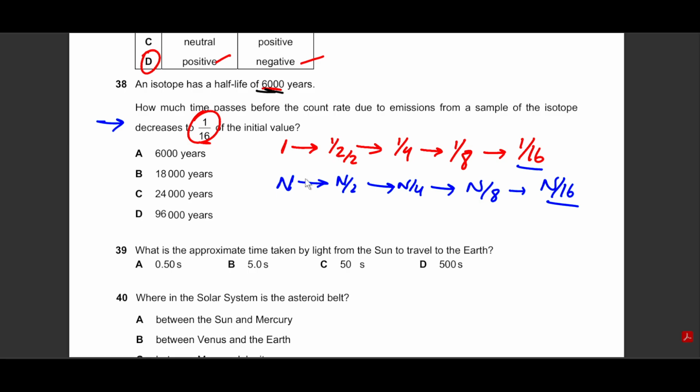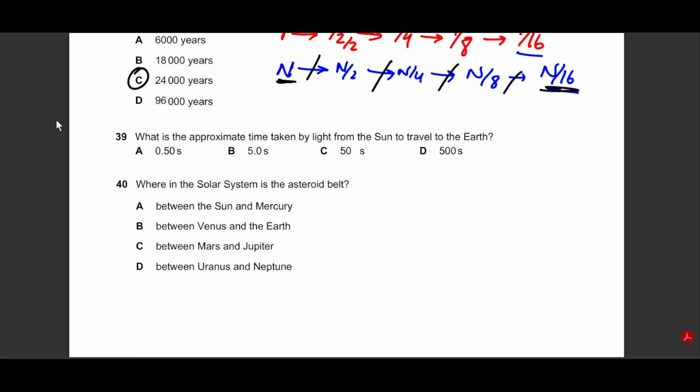So it's 1, 2, 3, 4. Four half-lives have passed for an object to go from 100% of its activity, number of atoms, or quantity, to a 16th of its original value. One half-life is 6,000, so 4 multiplied by 6,000 gives 24,000 as the answer.